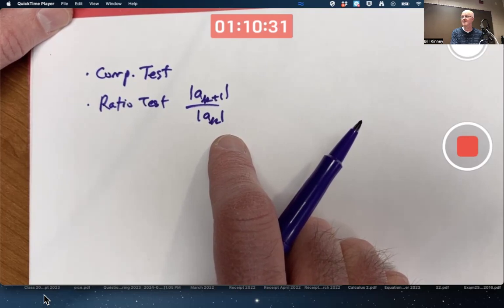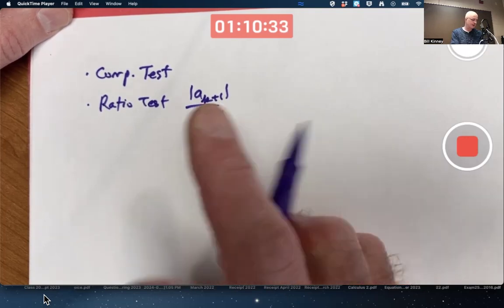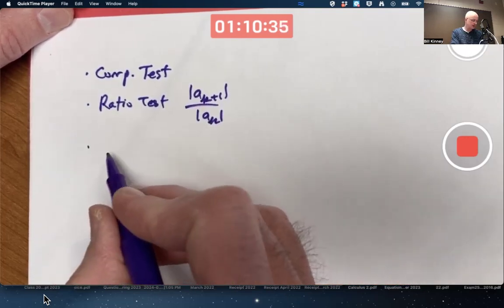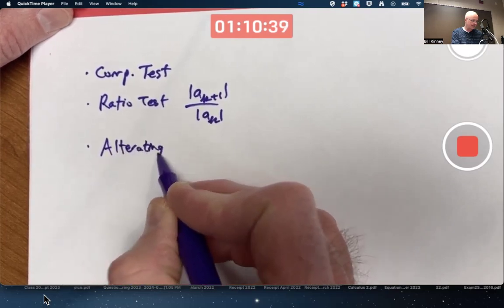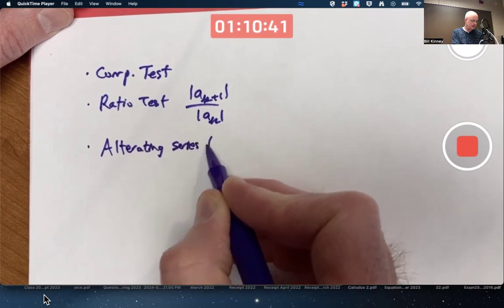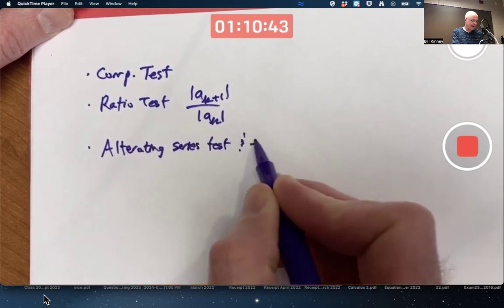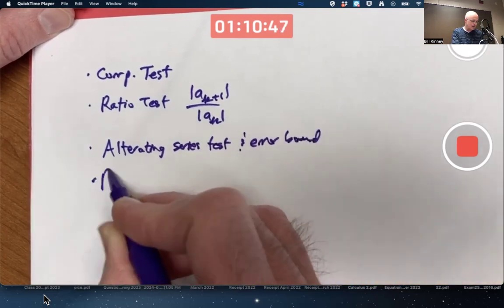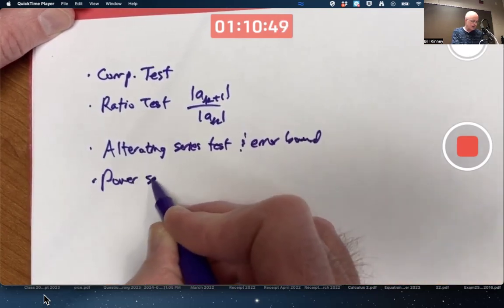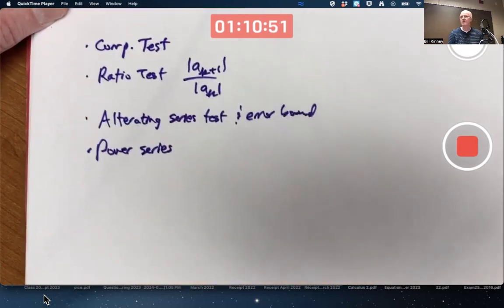The integral test is more powerful. But the ratio test is still useful, as well as the alternating series test and the error bound for that. And these things are useful for power series in figuring out the interval of convergence and the radius of convergence.